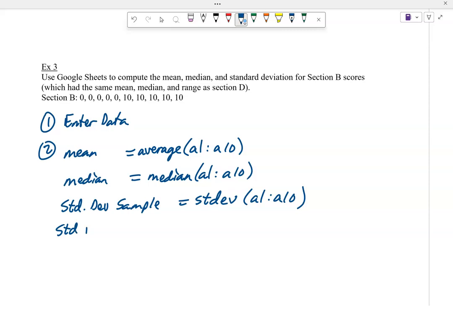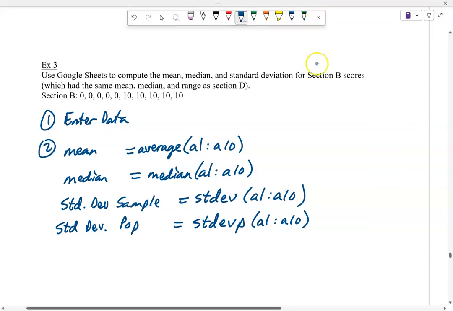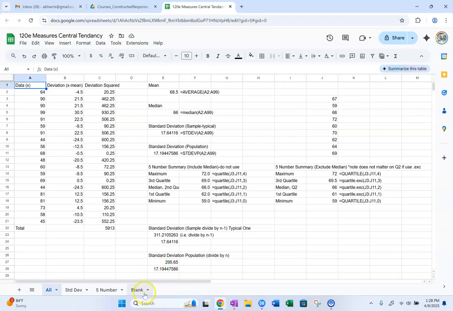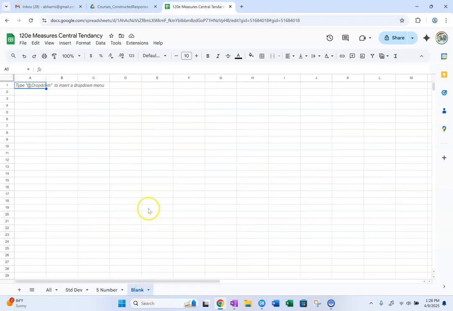For the standard deviation of a population, you say equal STDEVP, and then you tell it on what data. Okay, so I'll go through that. Let me pull up Google Sheets here. If you have a Google account, you can do this for free. Let me open up a blank one here.